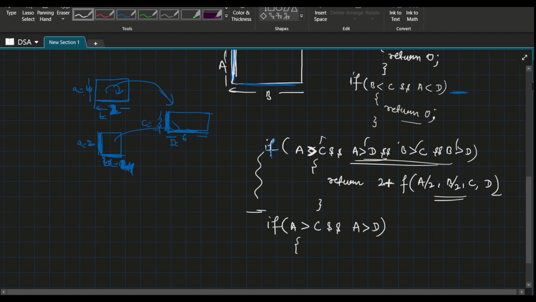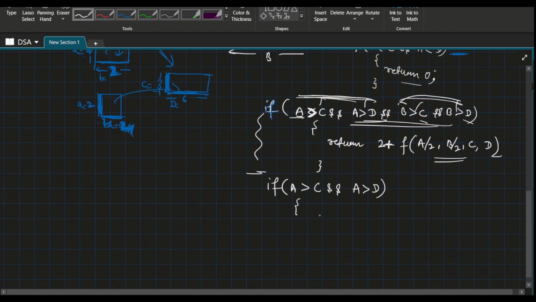One possible condition is that A is greater than both of its lengths, that is C and D, and B is smaller than any one of its lengths C and D. Or B is greater than both of its lengths C and D, and A is smaller than C or D. Or A is greater than C or D, or B is greater than C or D.